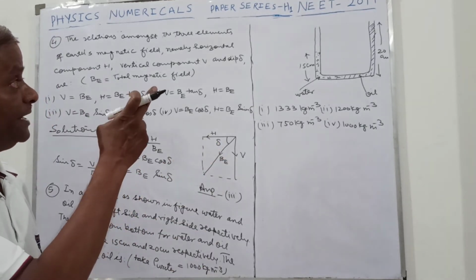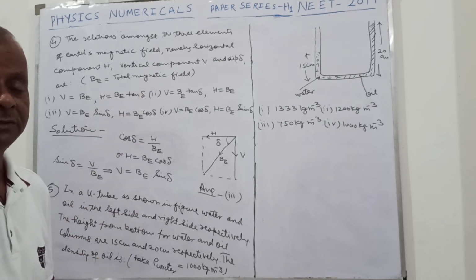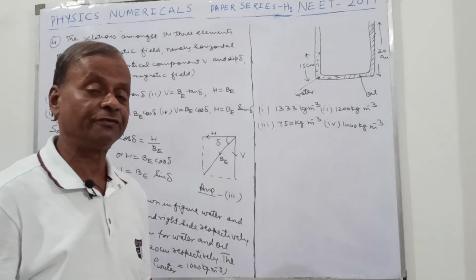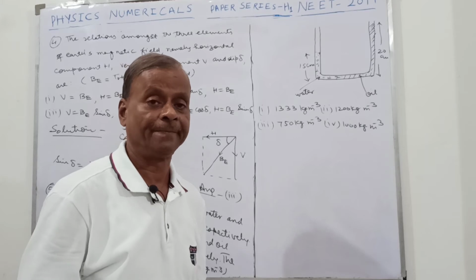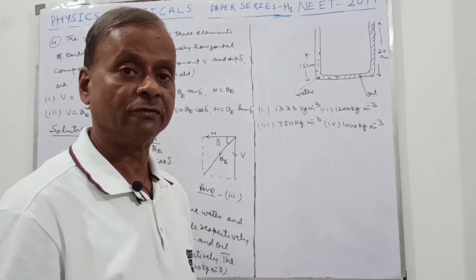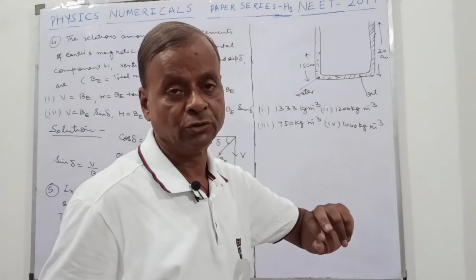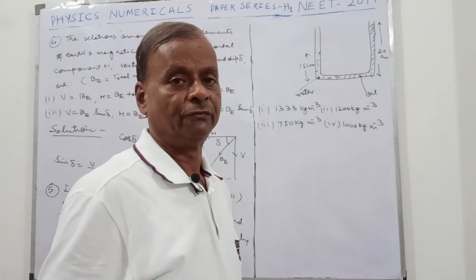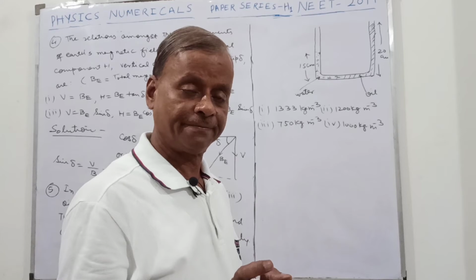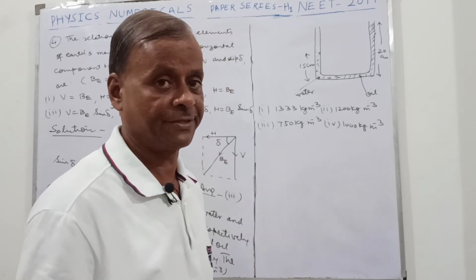You see that both the ends of the U-tube are open. It means that the atmospheric pressure is acting, and also there is the pressure of the water and oil. So two pressures are there: first the oil and water pressure, and then the atmospheric pressure.